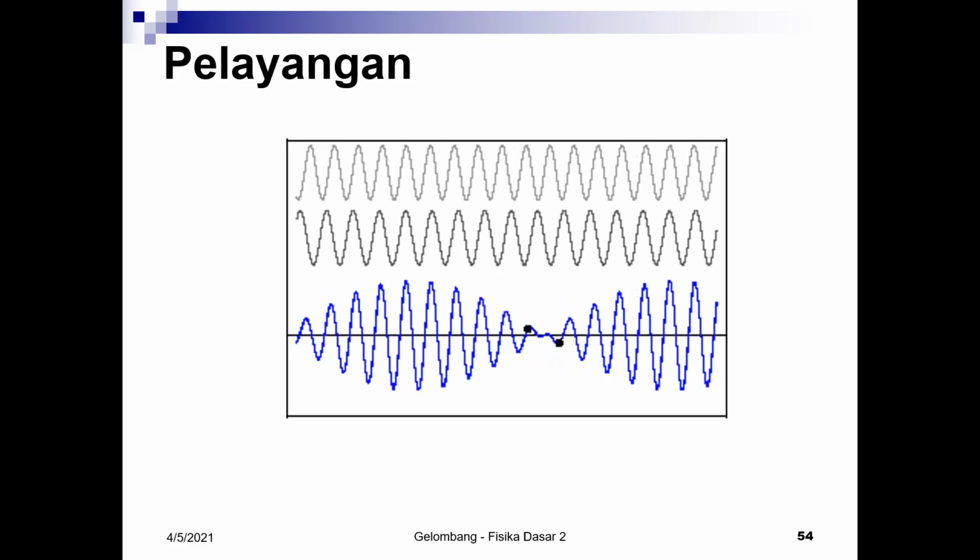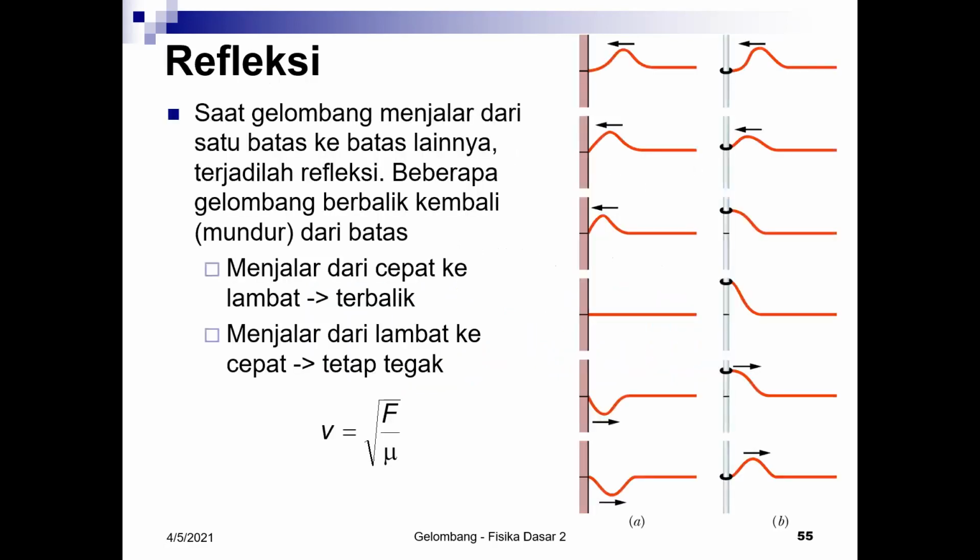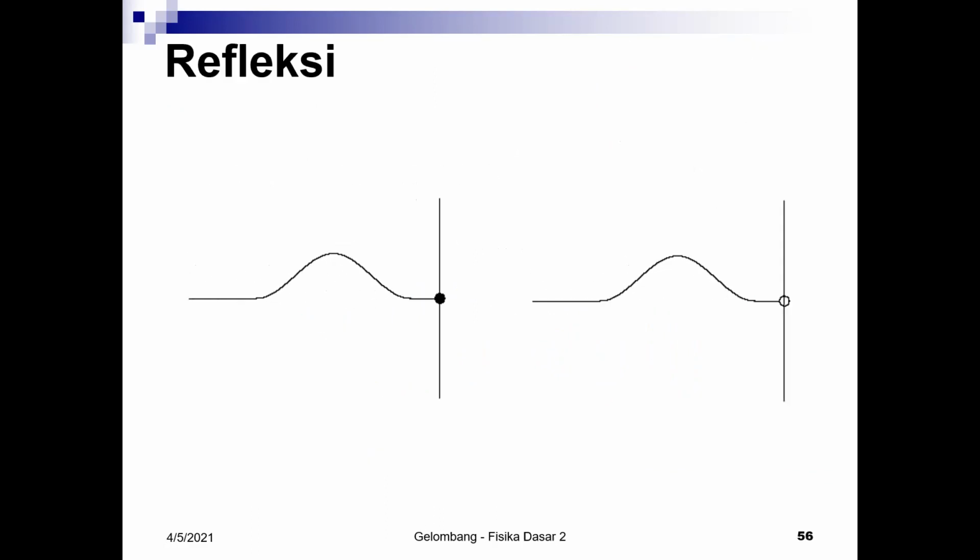These beats we discussed, I think, last week. So this is the reflection of the waves. For example, for a fixed end, in the left we have a fixed end.